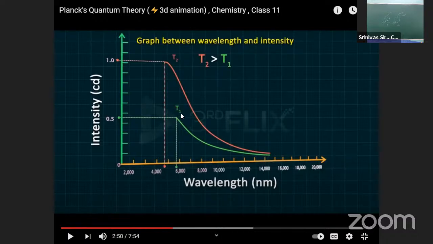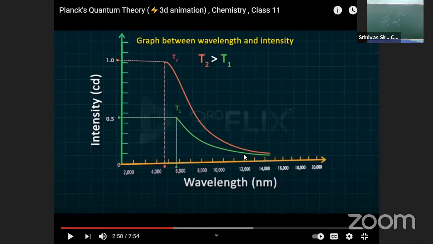Look at the green curve at this particular temperature T1. You are not changing the temperature; it remains constant. At that temperature, this is the value of intensity at a wavelength around 15,000, and this is the intensity noticed, far less than 0.5. Maybe it is 0.1.